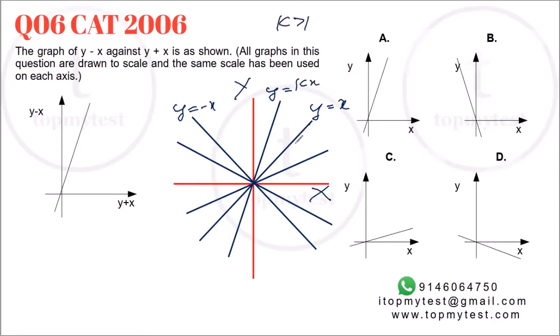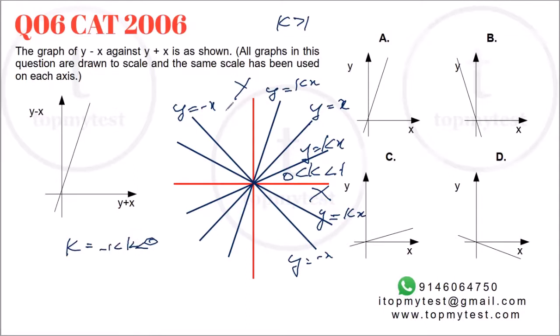Similarly, anything which lies between y is equal to x and the x-axis, the slope would be y is equal to kx, where k is between 0 and 1. Right? It will not be negative. Now, as you go down, the line which lies between y is equal to minus x and the x-axis would have y is equal to kx again, where k will be between 0 and minus 1.